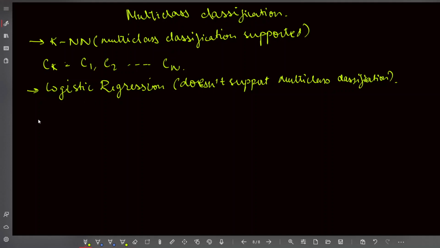Well, to overcome this problem, there is a technique called one versus rest. This is a technique to deal with multi-class classification problems where you don't have a classification model that can deal with them. So let's say I have five classes: C1, C2, C3, C4, C5.